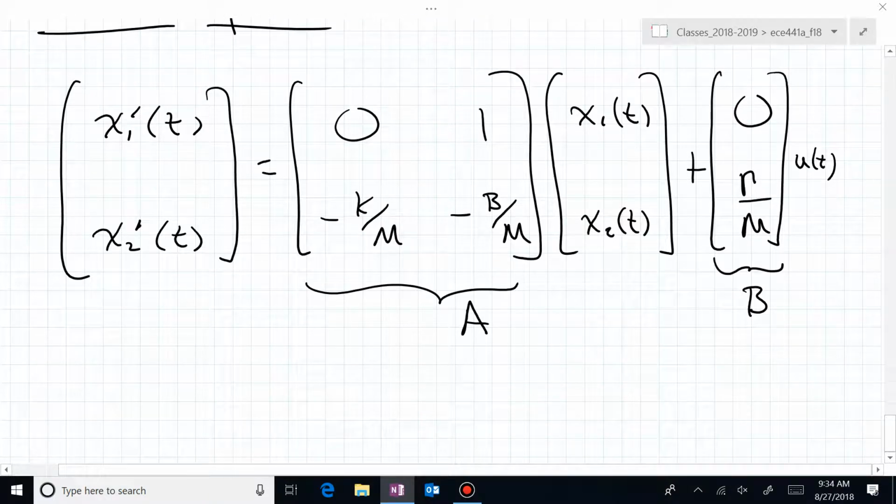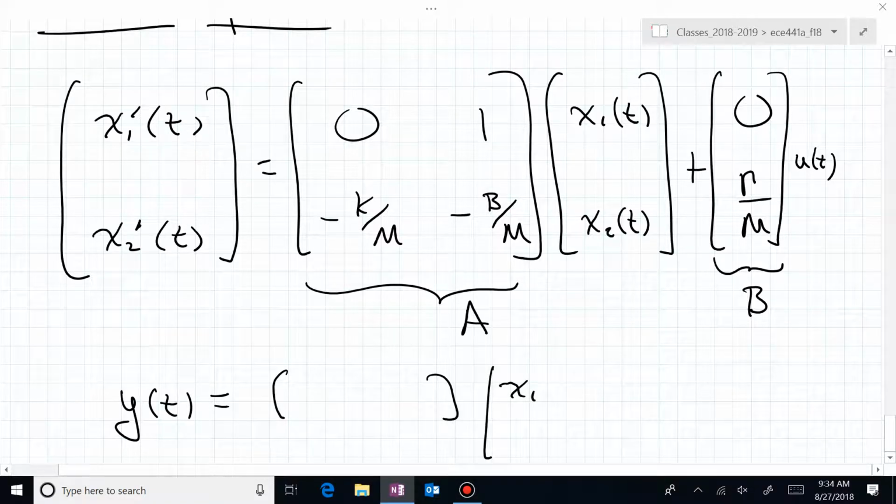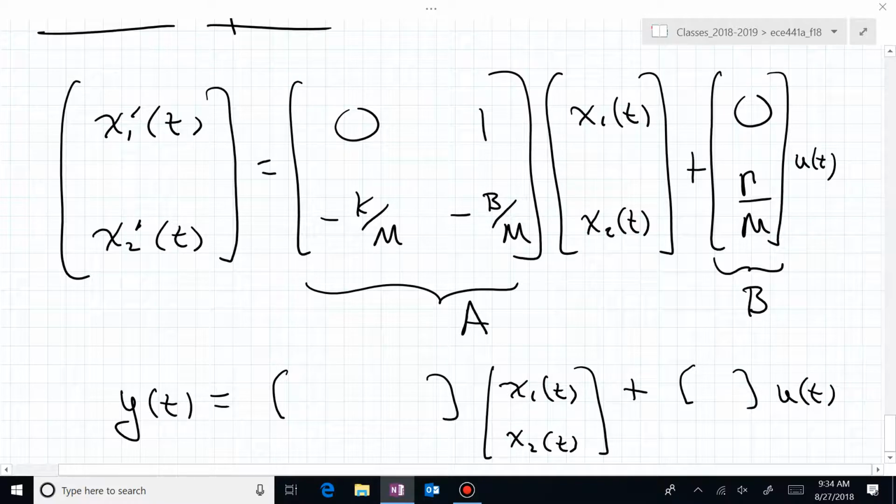And let's just assume, as we did in the previous two examples, we let our output be the position of that mass. And our position was simply x sub 1. How do we make that happen for y?